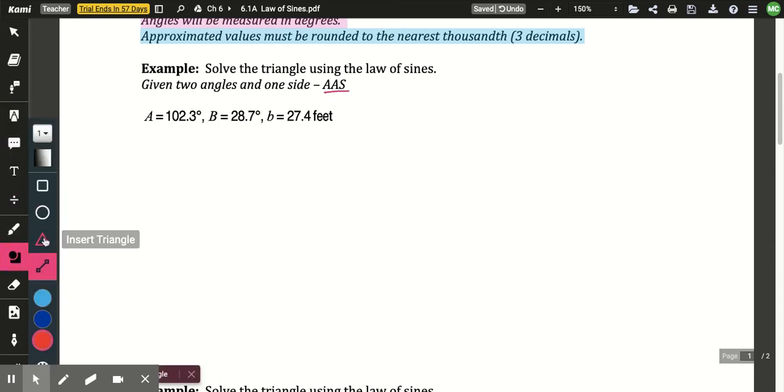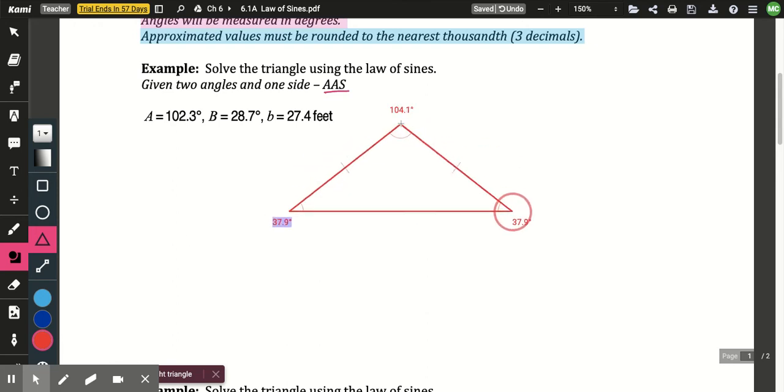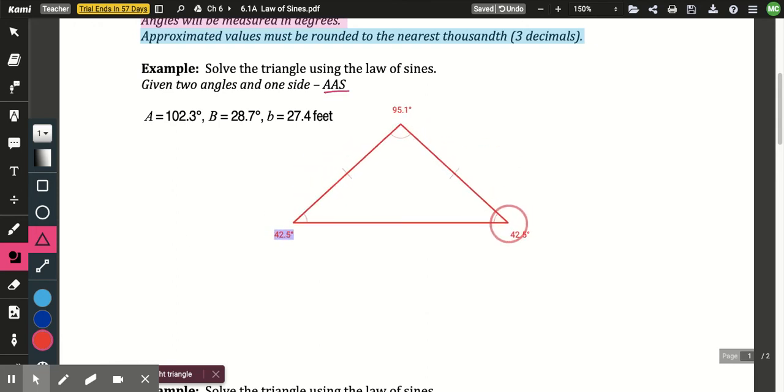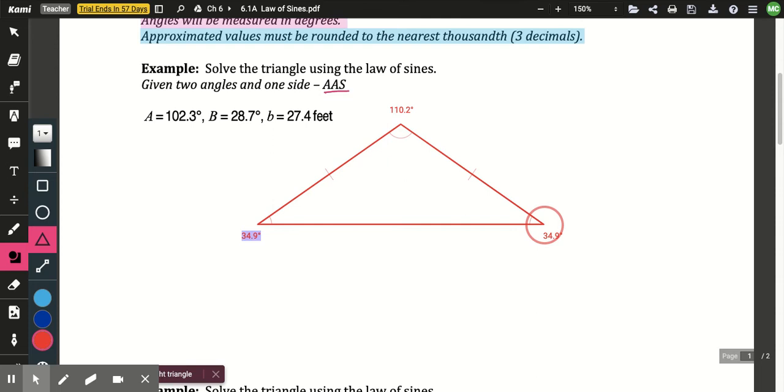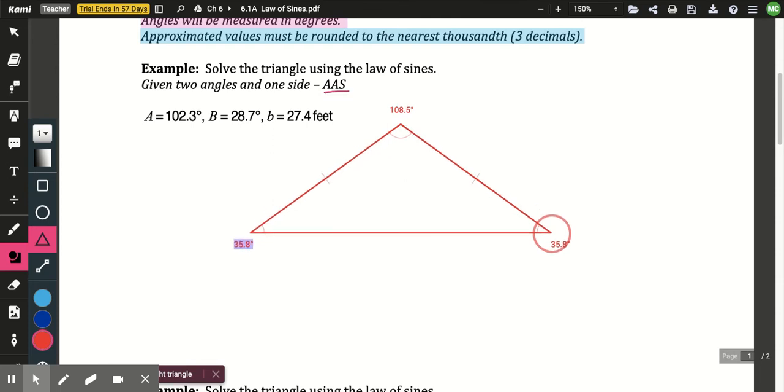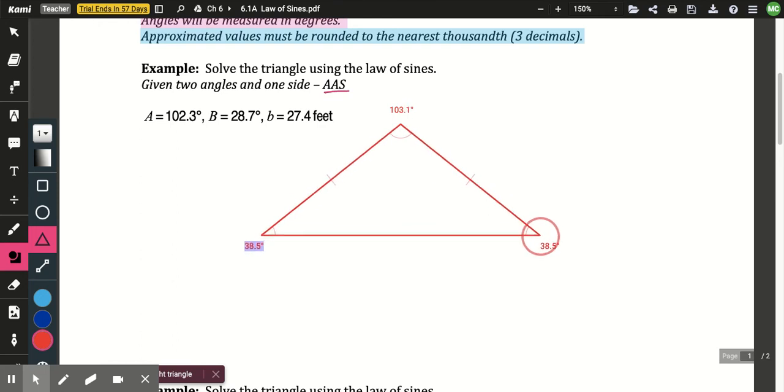So I'm going to draw a triangle. Wow, I didn't know I was going to put angle measures in there, but that's kind of cool. Let's see if we can get 2 of them to be pretty close to what it says they're supposed to be.